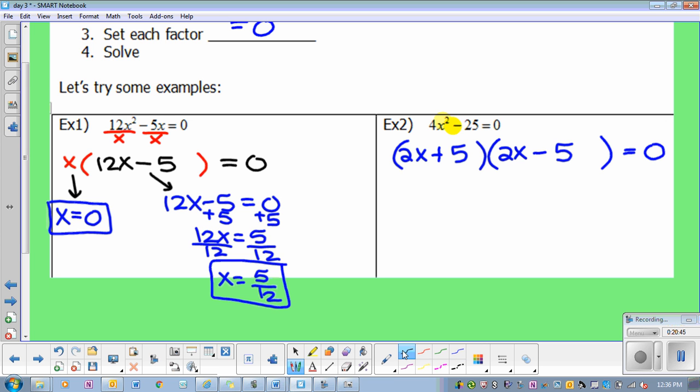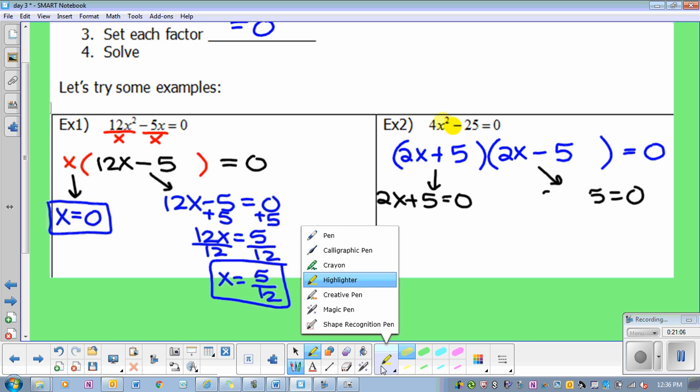Okay, so now, since we're done factoring, mini equations, right? 2x plus 5 equals 0. And 2x minus 5 equals 0.